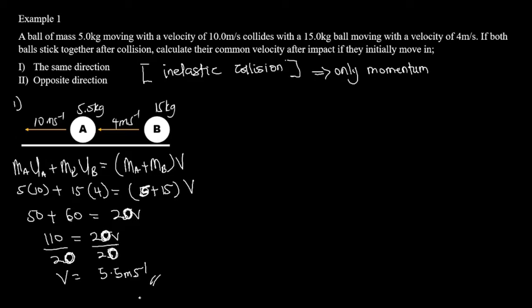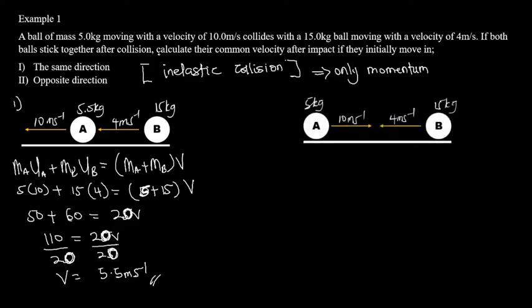Now let's look at the second example where they are moving in the opposite direction. So in the opposite direction, we have body A moving in the forward direction, that is towards the right, and then body B moving in the opposite direction, that is towards the left. But whether they are moving in the same direction or in the opposite direction, the concept of inelasticity still remains.